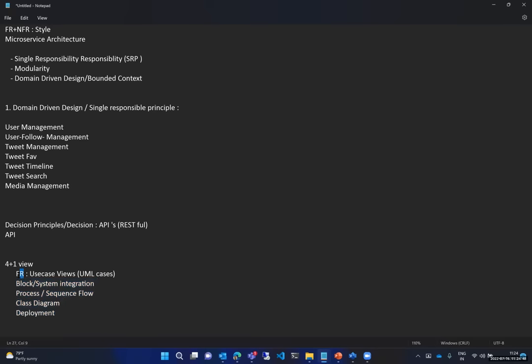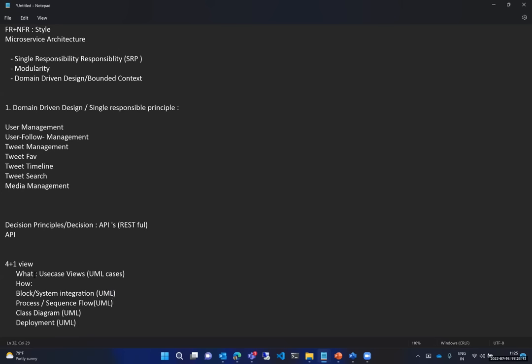So the first one is all about what you are doing. The next four are all about how you are achieving it, right? All these are UML diagrams or any other diagrams which you are comfortable with. So your architectural document or design document, whatever you're creating, needs to have what plus how.